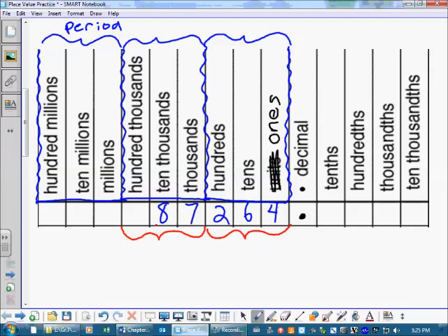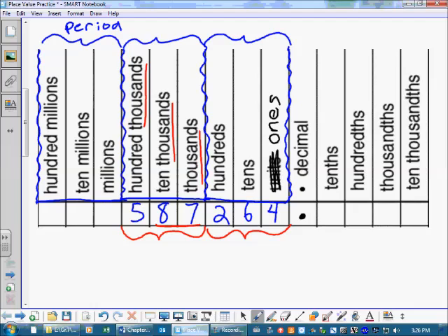First you'd go 87, and then our group here is 1,000, right? So 87,000, and then we go to our next group of 3, 264. That's how you'd read that. 87,264.